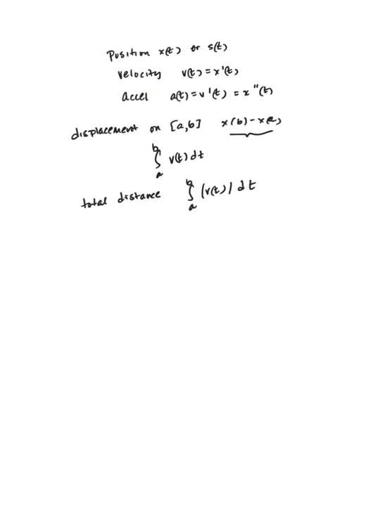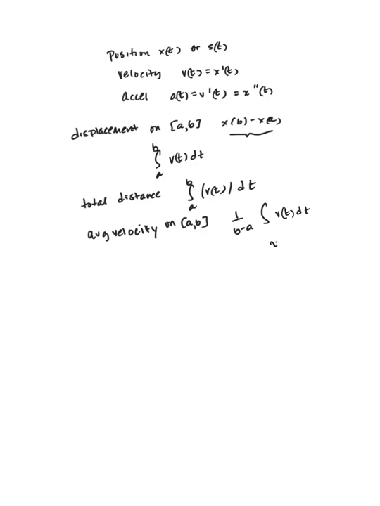Okay, so average velocity. If someone asks you to find the average velocity on AB, you just use the average value formula, 1 over b minus a, times the integral of v of t dt. So that's the average velocity.